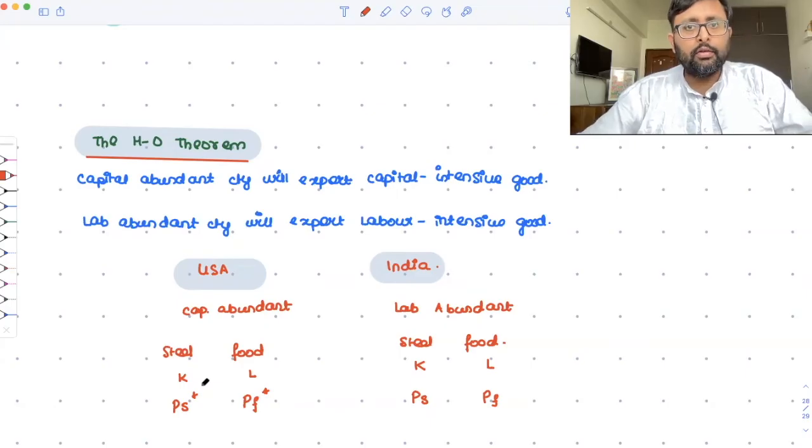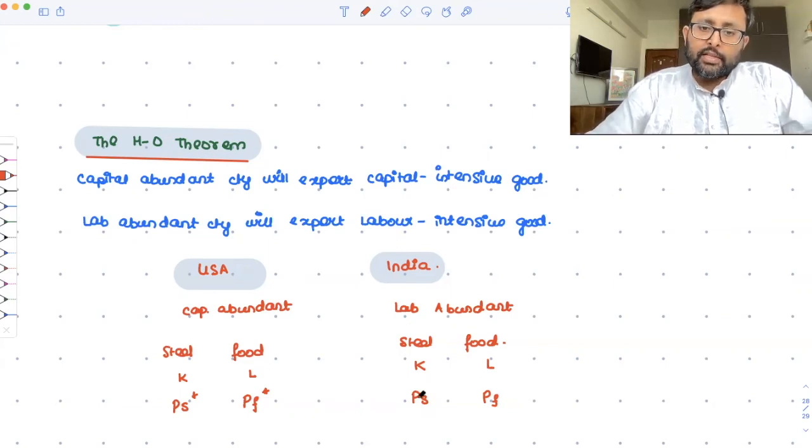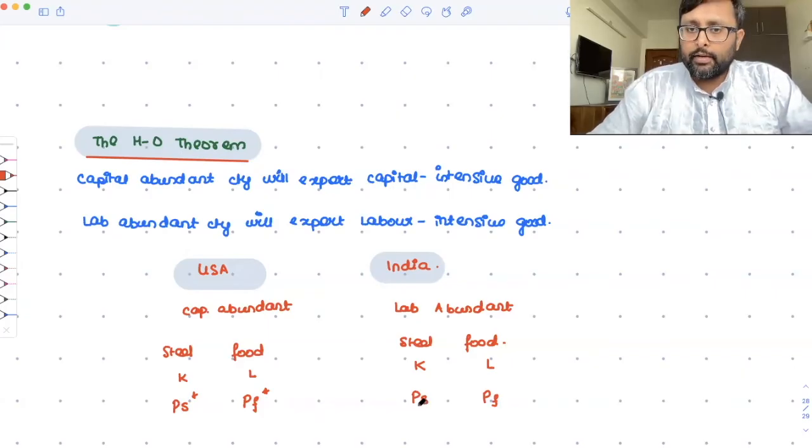In India, India is labor abundant? Yes. Food is labor intensive? Yes. Because of the excess supply of labor, the price of food, which is the labor intensive good, is lower in India. And the price of the good which is using the scarce factor is higher in India.